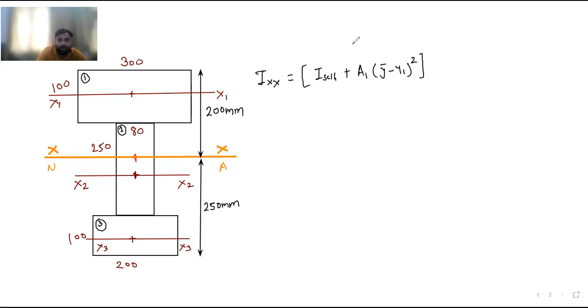But if you see the y-axis, it is coinciding. So there is no need to use the parallel axis theorem for it. This is the y-axis. So all the centroids are along the same line, the y-axis, as the figure is symmetric about the y-axis. But we don't require the moment of inertia about the y-axis.